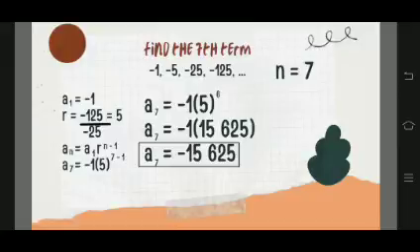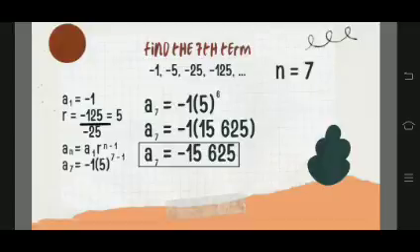Our first term is negative 1, so that's our a sub 1. For the common ratio, we use negative 125 and divide it by its preceding term, negative 25. Negative 125 divided by negative 25 equals positive 5. The nth term in a geometric sequence is a sub n equals a sub 1 multiplied by the common ratio raised to n minus 1.